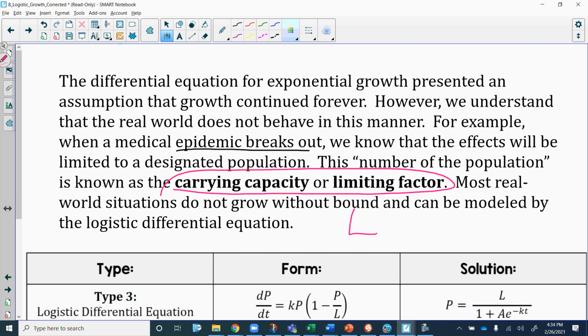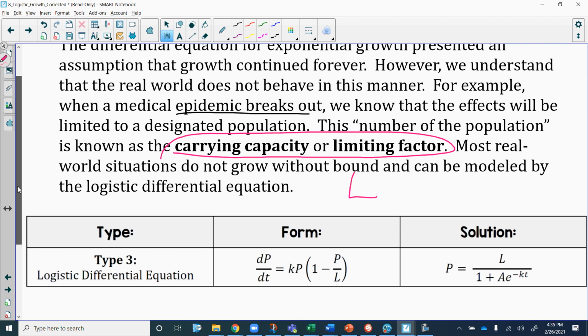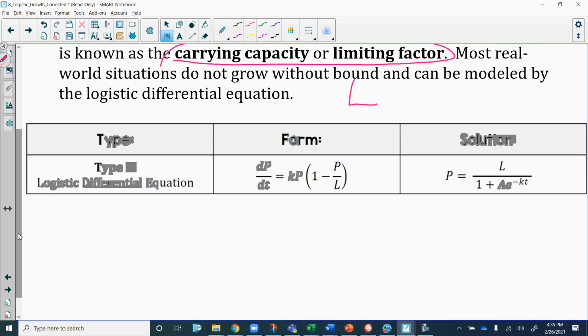Most real-world situations do not grow without bound. Naturally, there are only so many resources in the world to produce, say, bunny rabbits in a given environment. What we see here is the logistic growth equation, dP over dt is equal to k times P, where P represents the population or the amount of something, and L represents the limiting factor.